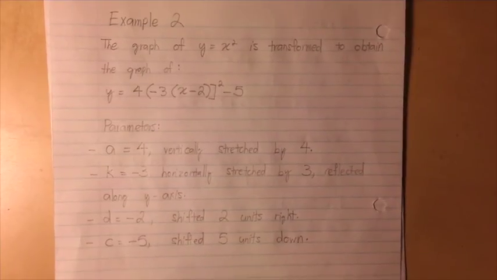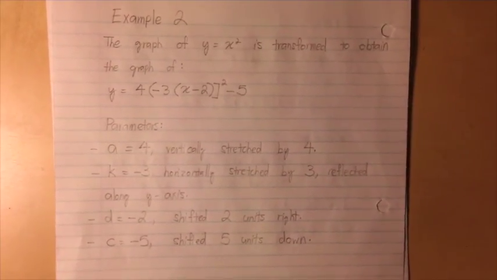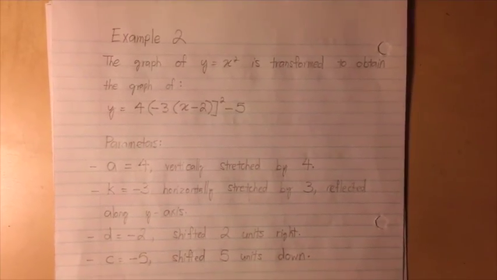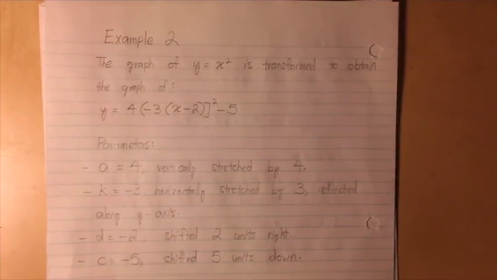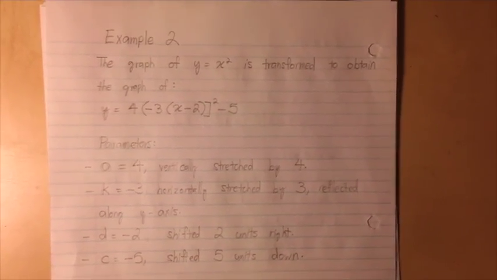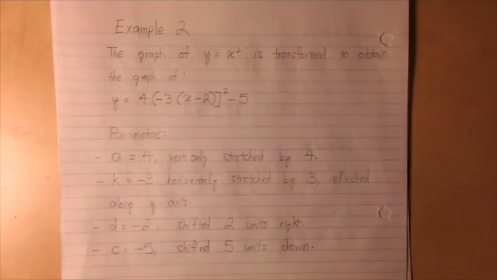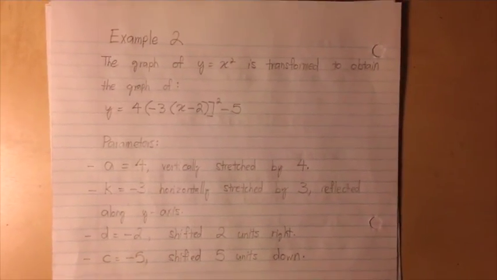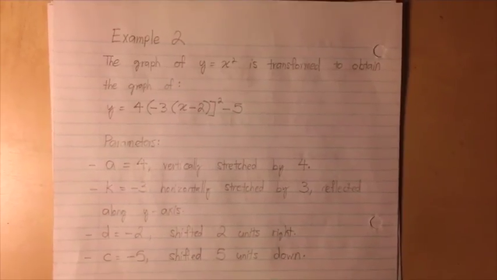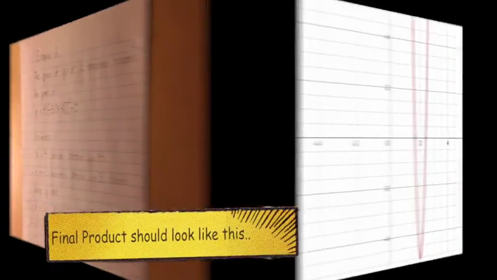Be careful with that minus sign in front of the 3. Now, d is equal to 2, which means that it has been shifted 2 units to the right. C is equal to minus 5, which means that it has been shifted 5 units down.